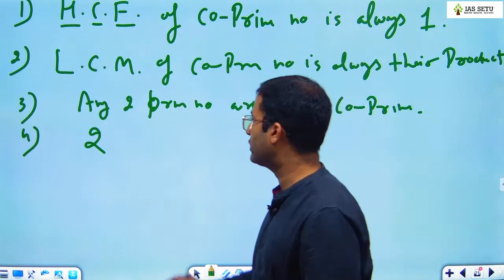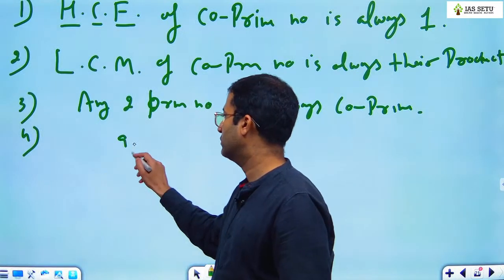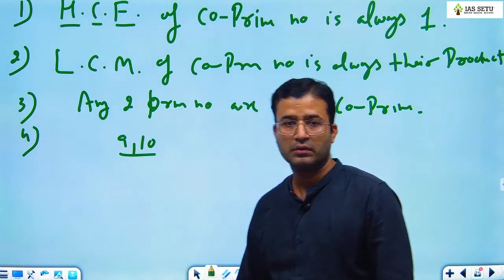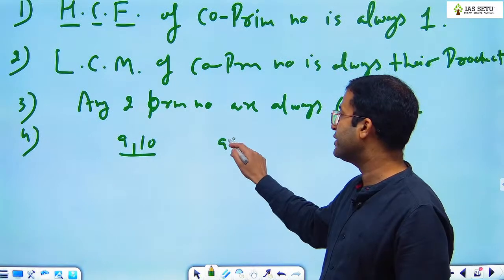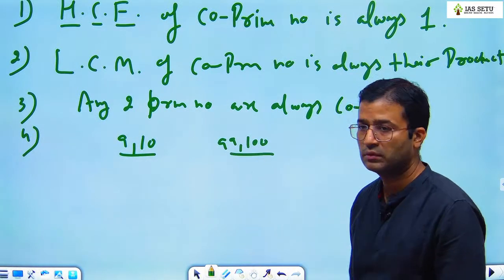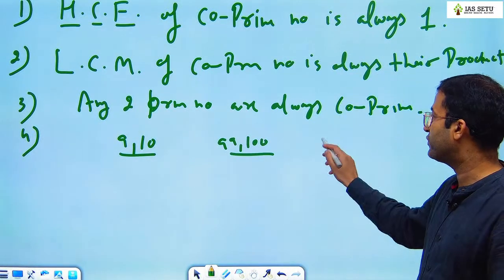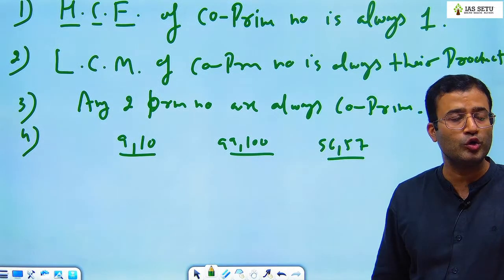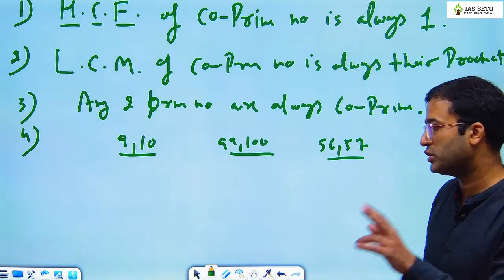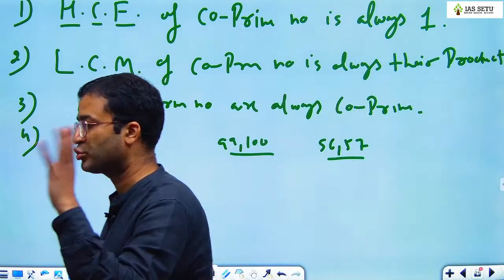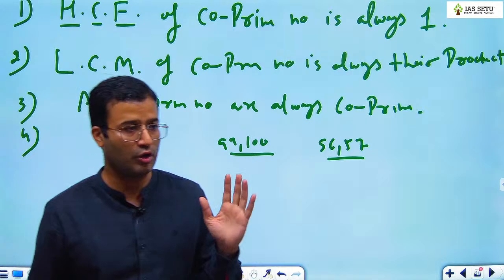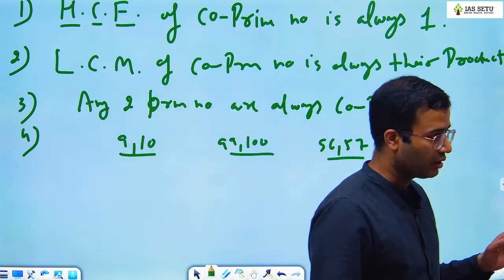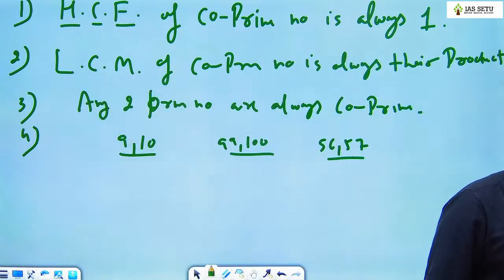Take anyone, for example 9 and 10. For example 99 and 100. You will say, what about 56 and 57? Yes. Any two consecutive natural numbers, take any two, have to be co-prime. Yes, always. If any doubt, you can ask me.